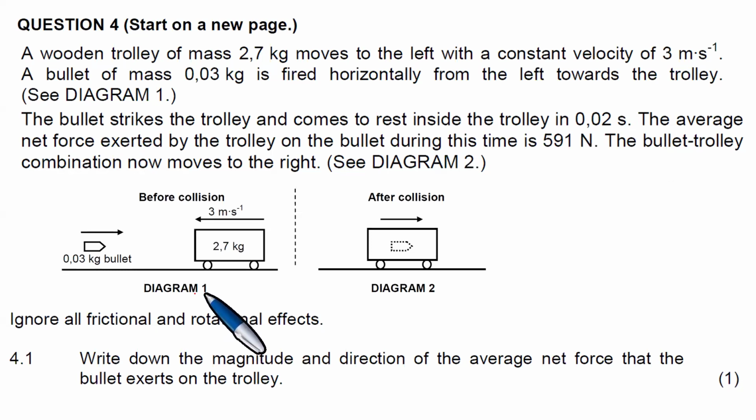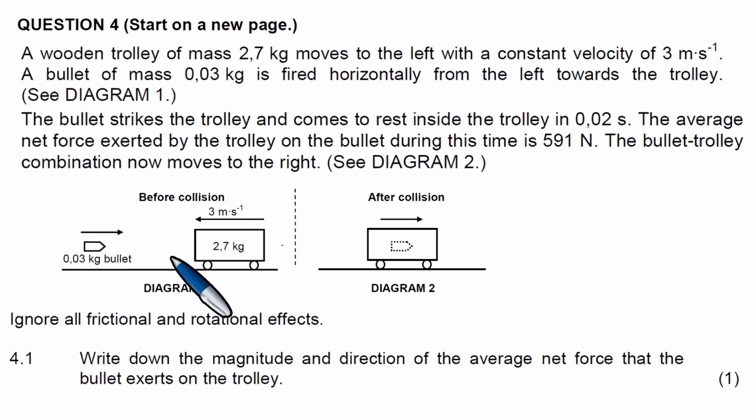There's diagram 1, in which the bullet is seen to approach the trolley, and this is the instant before collision. We can see after collision, the bullet has penetrated the trolley. The bullet strikes the trolley and comes to rest inside the trolley in 0.02 seconds.